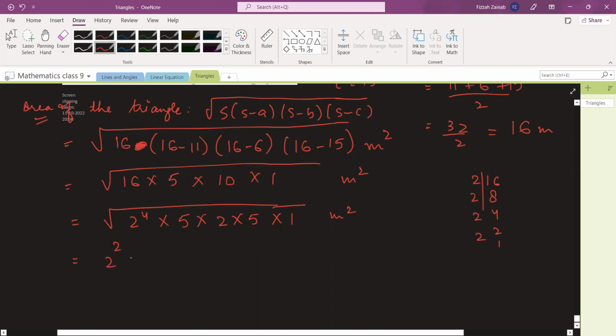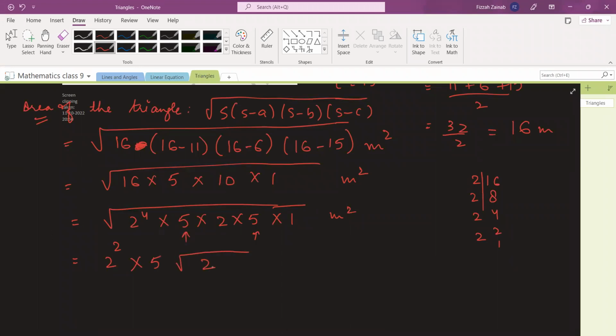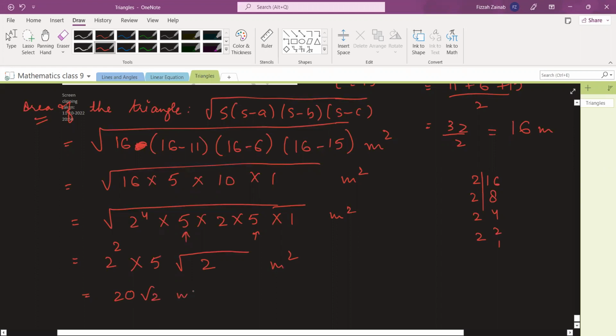Clear? And here you have two 5s, so one of the 5s will come out. And inside you have the 2 which is remaining. Is that okay? So 2 into 2 is 4, 4 into 5 is 20. So 20 root 2 meter square is the area of the triangle.